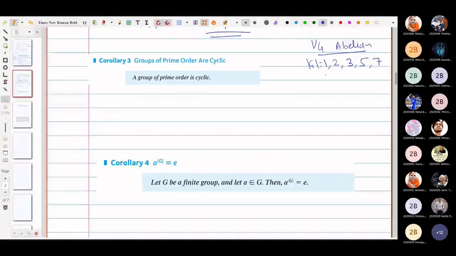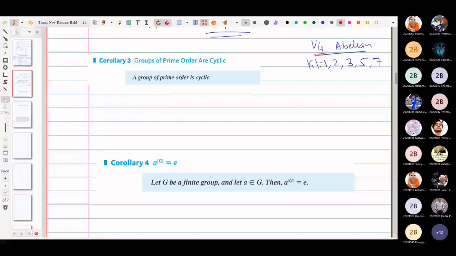But cyclic groups are not of prime order only, they can have non-prime order also. Of course, we know the example of V4 which is not cyclic, so in general we cannot say.